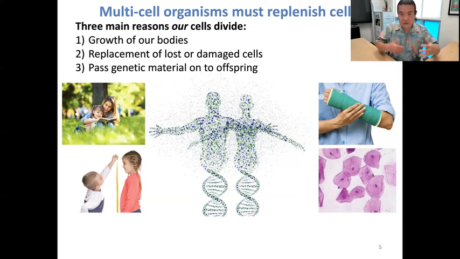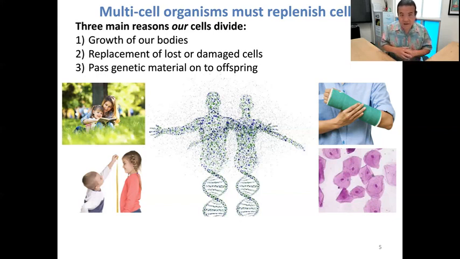Every day we lose a lot of our cells just by design. For example, the cells of your gastrointestinal tract, starting from the cheek cells that line the inside of your mouth, all the way down, cells of the esophagus, stomach, intestines. They are designed to be shed.